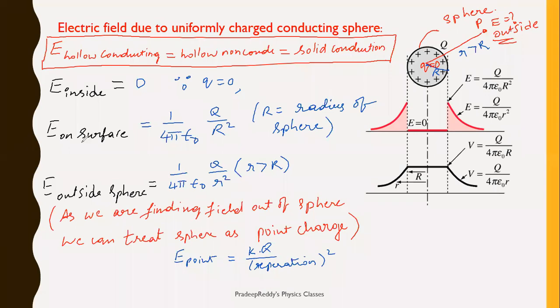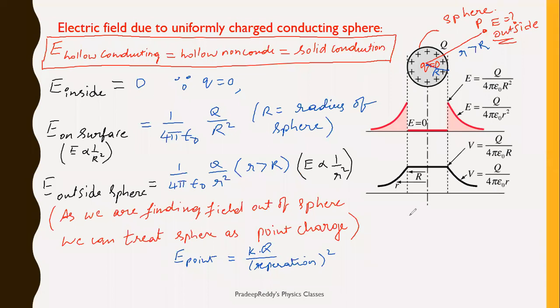On the surface, the field is inversely proportional to R square. Outside the sphere, the field is inversely proportional to r square. And at the center it is 0 because the charge residing inside is 0.